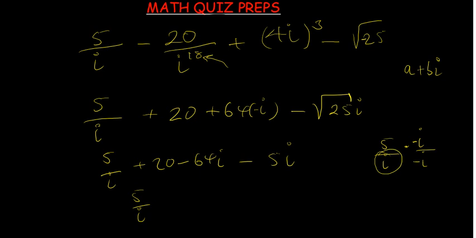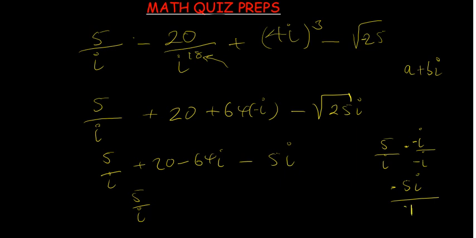So for this one, we don't even have the real part for the down part, so just do that. So that will be negative 5i over i times negative i, that will be negative i squared. But we know that i squared is negative 1. So that will be negative 1 times negative, which will give us positive 1 in that case.